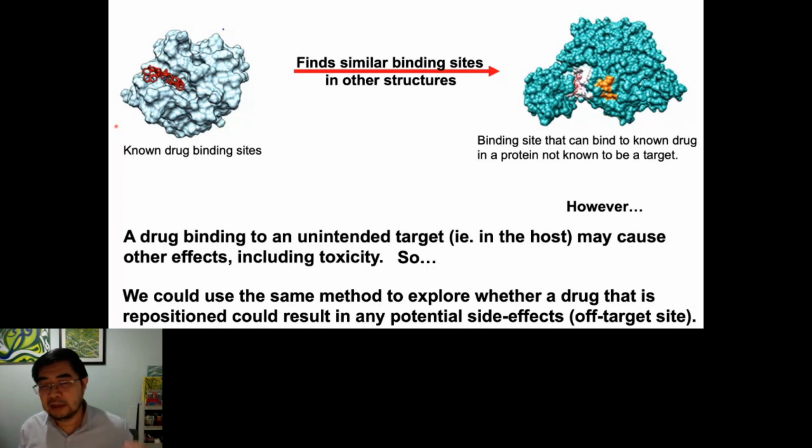For a drug that is in development, where we have the binding site data, we can search the human proteome and decide whether there are potential off-target binding sites that could cause toxicity. So this could form a preliminary screening that allows drug discovery to be screened beforehand, down to clinical trials.